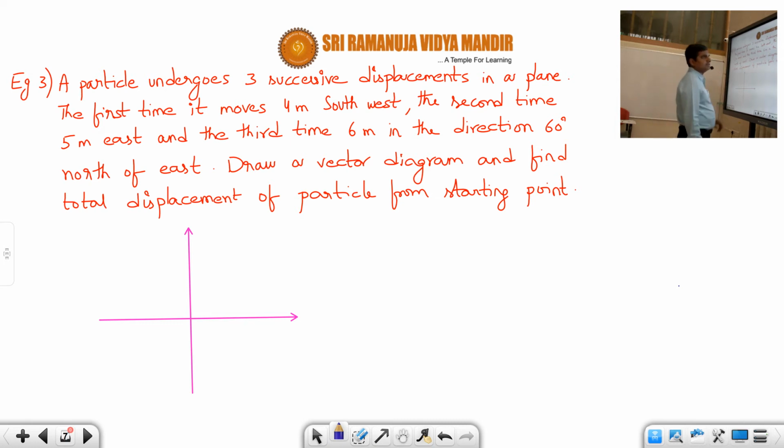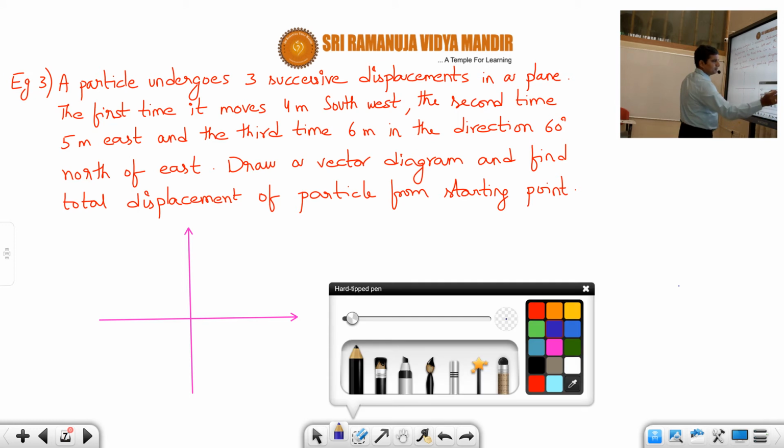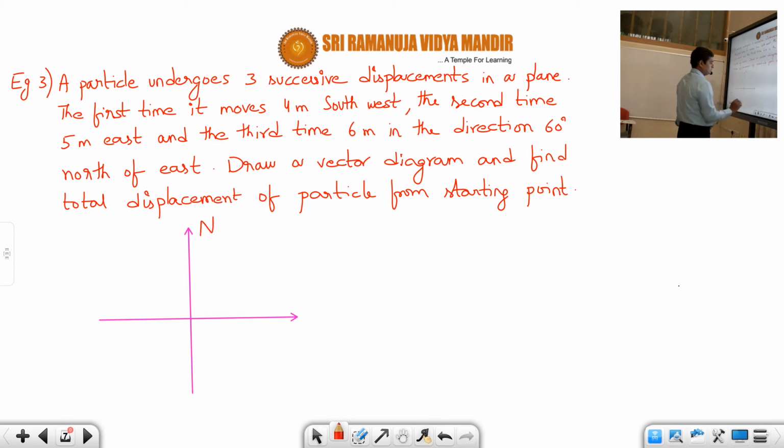Now we have standard directions, students. For example, this is the north, this is called south, this is called east, this is called west. So these are the standard directions.